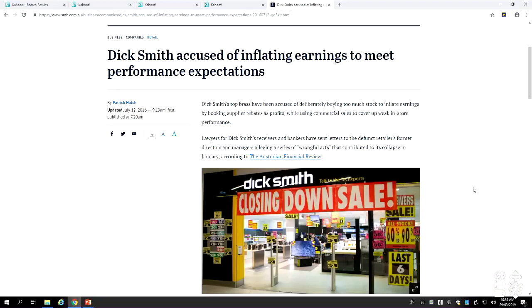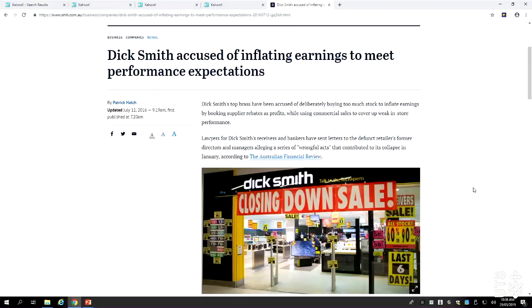So basically what they were getting is, by buying products from suppliers, they would get a rebate after selling the products, right? So what Dick Smith was doing was they were recognizing those rebates before selling the products. So they were recognizing revenue that they haven't yet got.